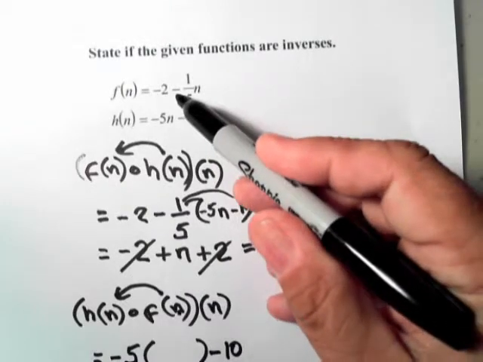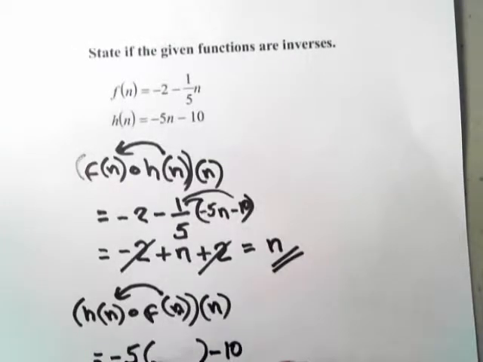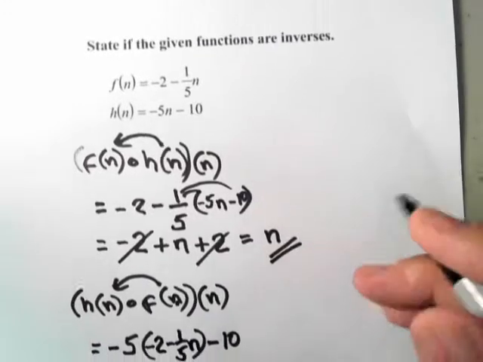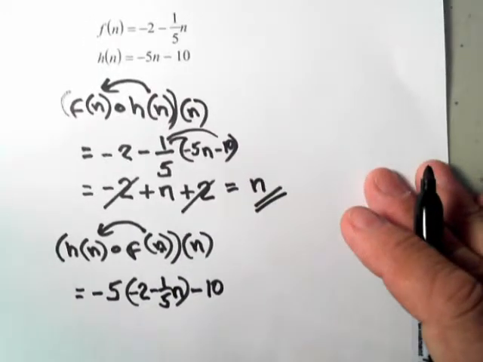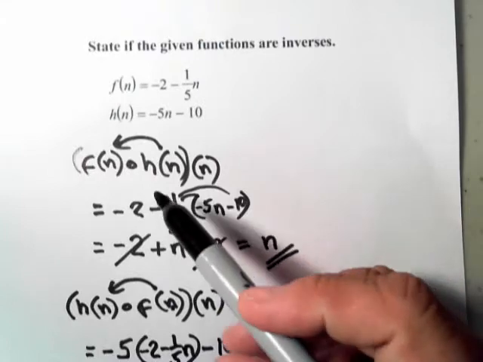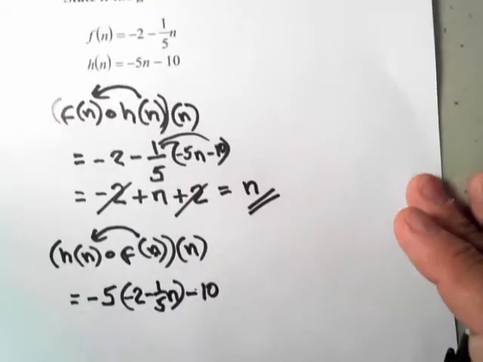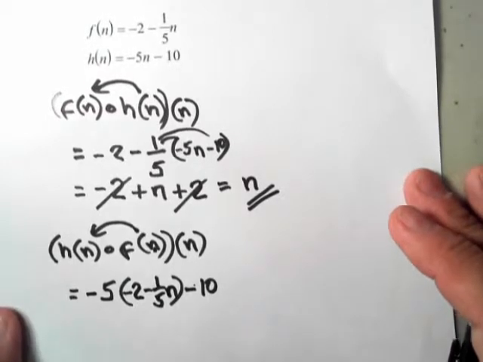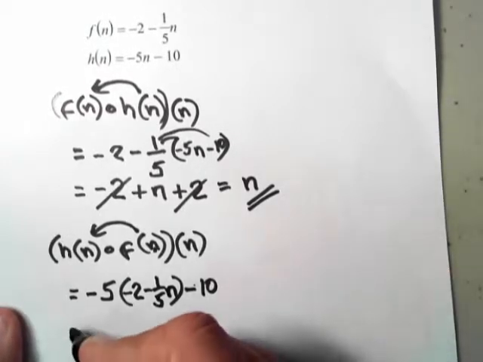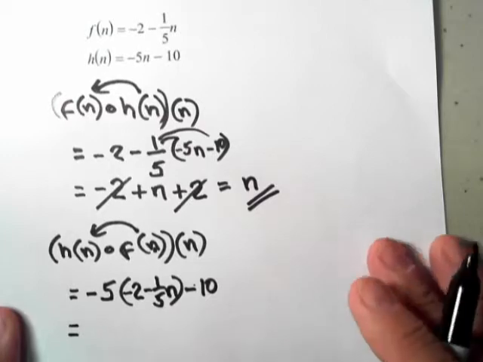The second one is my f function. So I have in here negative 2 minus 1/5 n. That's this second one plugged into the first one. Well, that's our composition. Now we've got to clean it up and see what happens here.